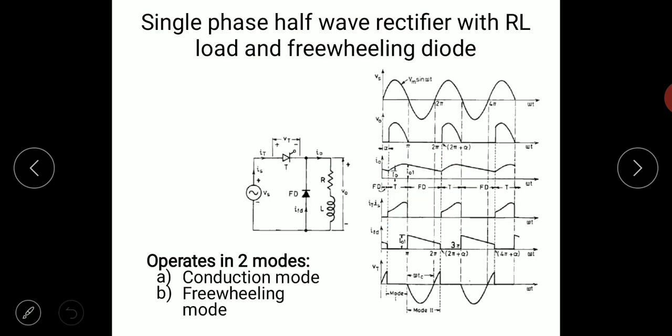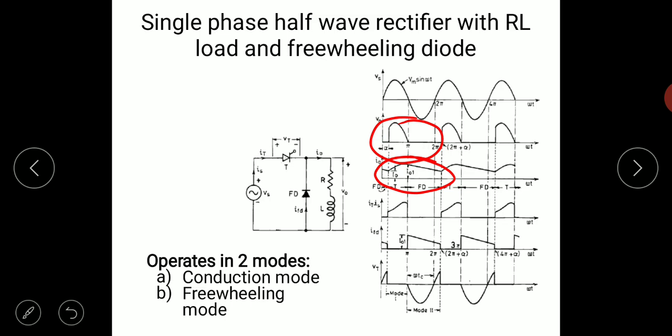One more important thing is that you can see that there is no negative voltage, and since there is no negative voltage, the power in this case is always positive. If we multiply instantaneous voltage and instantaneous current, the power will always be positive. But in case of series RL load without freewheeling diode, in some portion there was negative voltage even when the current was positive.